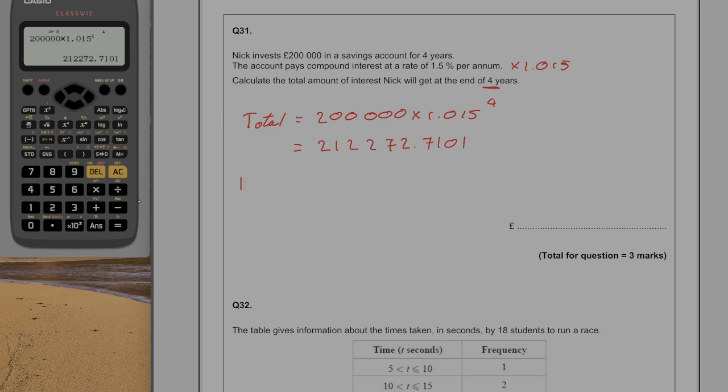So the difference would be interest. We're not after the total, we're just after the interest. All we need to do is knock a 1 off there really. So 12272.7, and we'll go 71. Well, actually we'll go 01, but then when we give our answer, we'll go 12272.71.